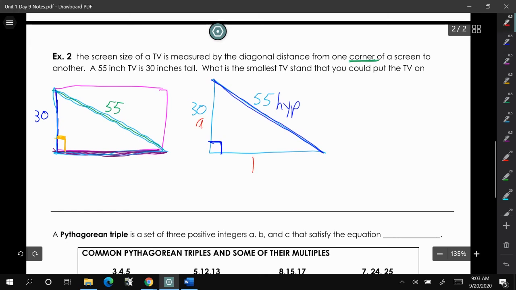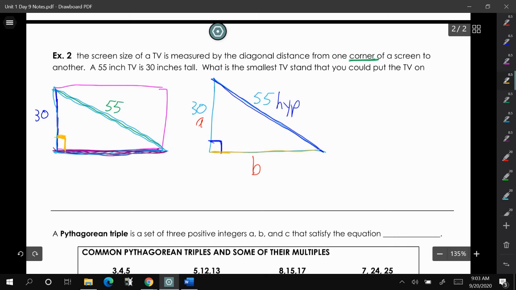So then it doesn't matter which side we label A or B. We're trying to find this side down here. So we'll set up a squared plus b squared equals c squared. So 30 squared plus b squared equals 55 squared.